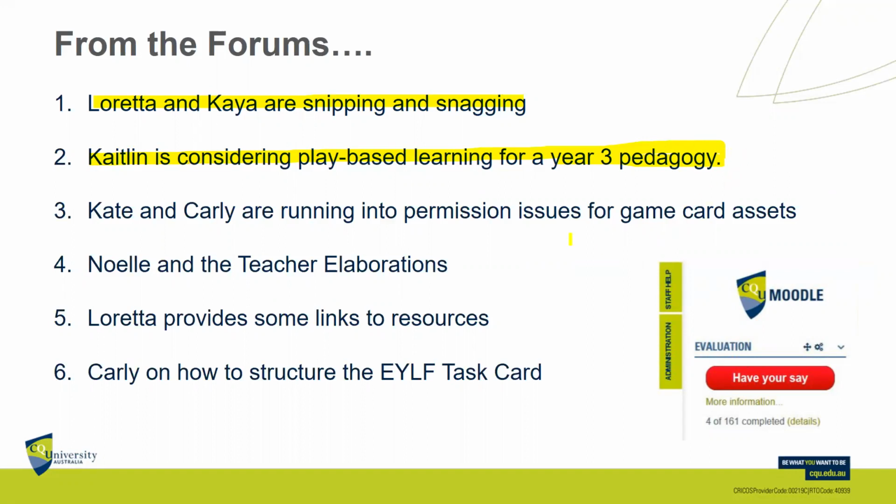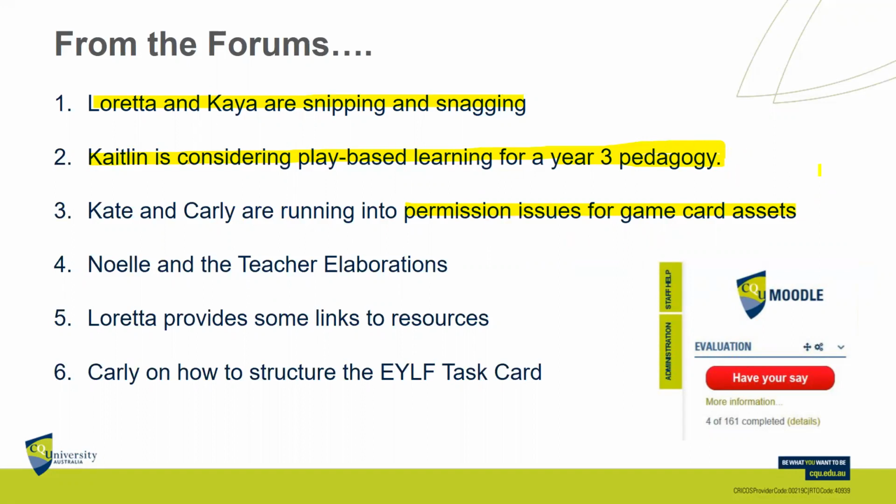Go for it. Kate and Carly are running into permission issues when they try to use a game as one of their card assets. So just check that, because if you're putting in a digital card and it's got permission issues, it may mean that you've got access to it for your own purposes because you've perhaps registered.